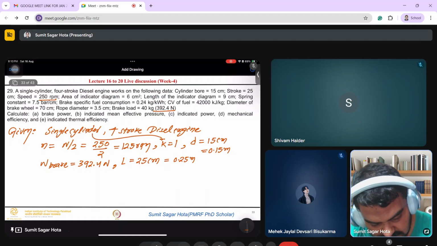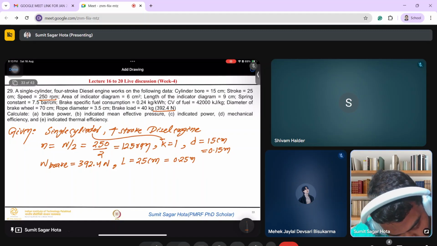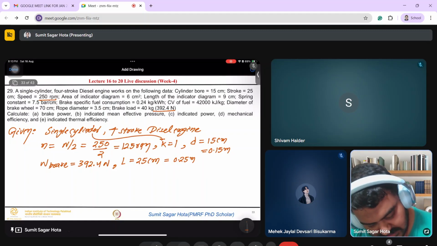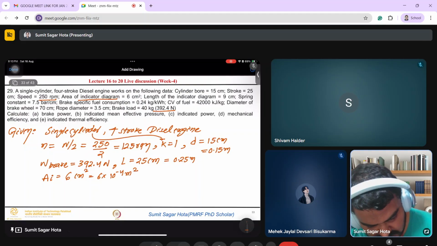Then it's also given the indicator diagram. The area of the indicator diagram is given. Okay, AI is 6 centimeter square, which is 6 into 10 to the power minus 4 meter square.